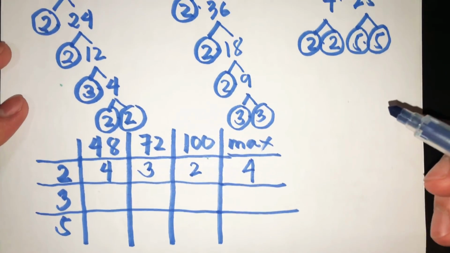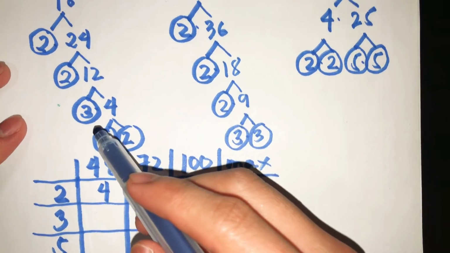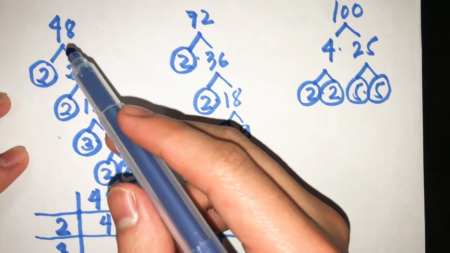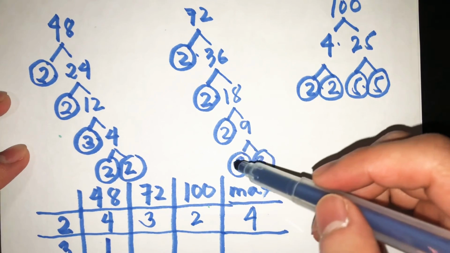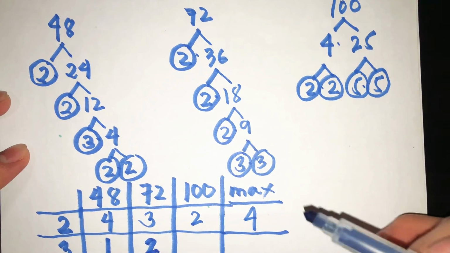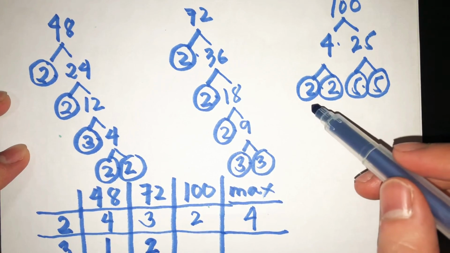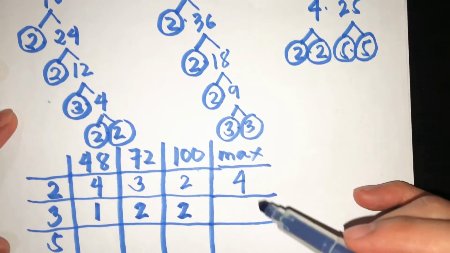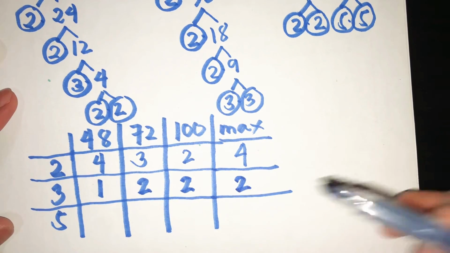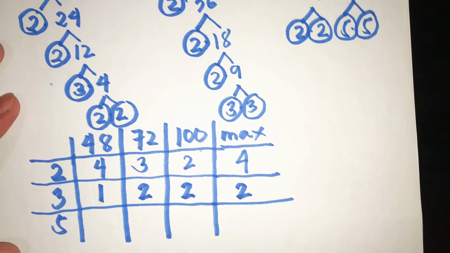Then for 3, it appears once in 48. For 72, twice. Then for 100, twice also. So here we're going to write twice or 2.